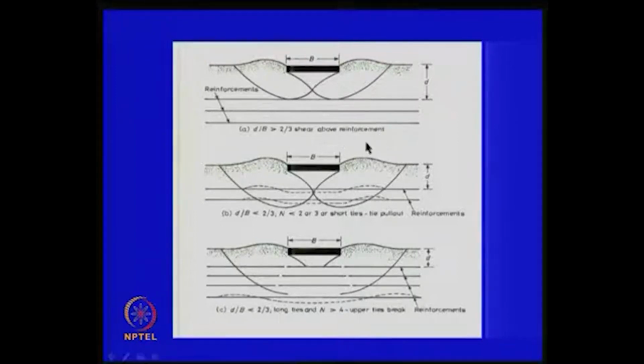The second thing is that you provide d by b less than 2/3, the condition is satisfied, but the number of ties, a tie is a tension member, is not much, like you put one reinforcement or two reinforcements, then the possibility is that of short ties, where the length is not sufficient. If the length is not sufficient, what is going to happen? As I said, the principle of reinforced soil is that you have to have tension mobilized, and also the pull out resistance.